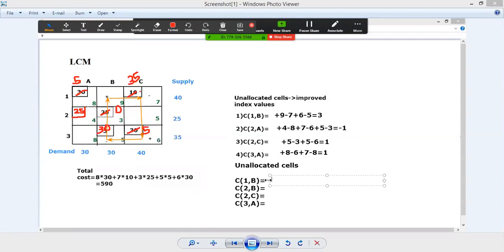So now compute the net cost. That is plus 9 minus 7 plus 6 minus 5, which is equal to 3.